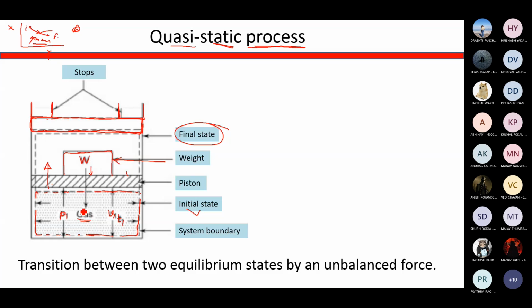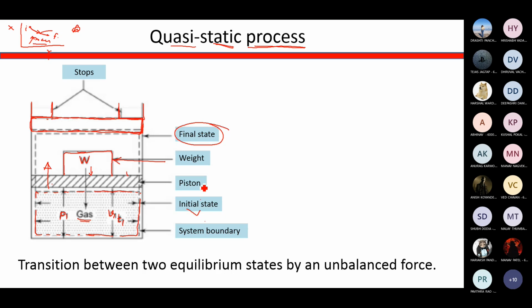So this was the initial equilibrium state of your system. Then you took out the weight, and you acquire one more equilibrium state, the final state. Once the piston reaches the top here, it is not going back, so it is at this level only. This is also an equilibrium state, the final state. So these two are the equilibrium states, initial and final state.